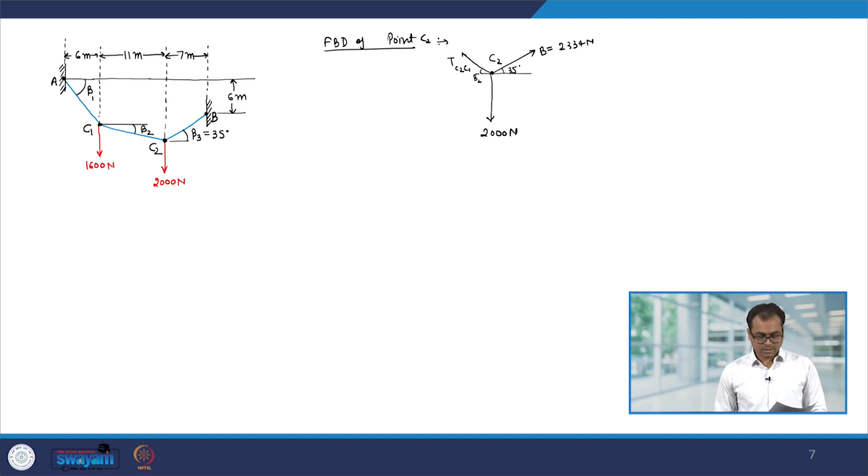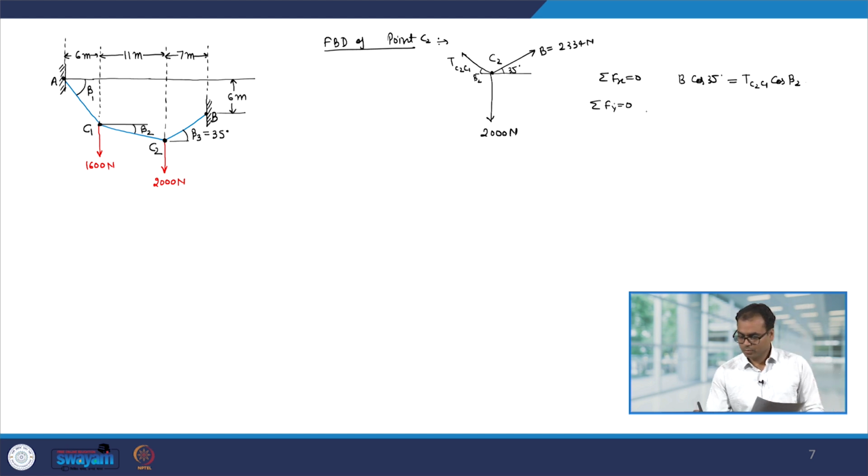Now, let us balance the forces. So, summation Fx equal to 0, this gives you B cos 35 degree equal to T C2 C1 cos beta 2, and we have summation Fy equal to 0.